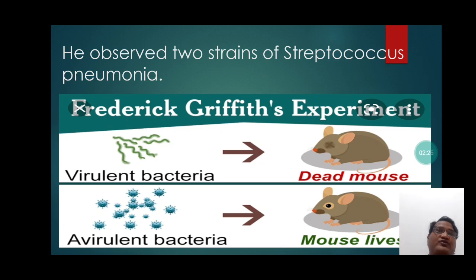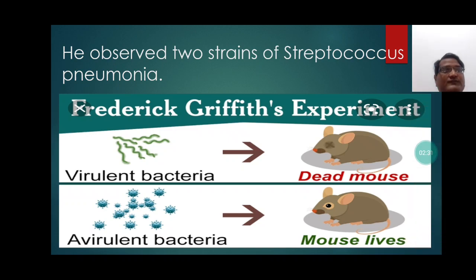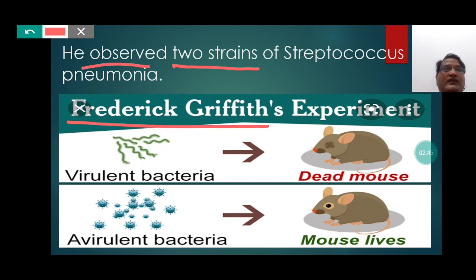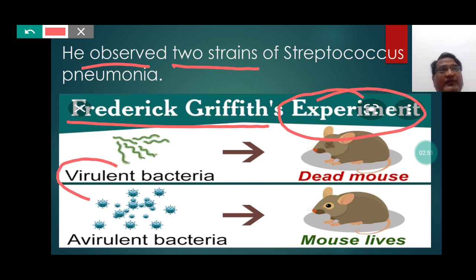He observed two strains of Streptococcus pneumonia. So students, the two important strains which were observed by Frederick Griffith in his experiment were virulent and avirulent, that is virulent and non-virulent.